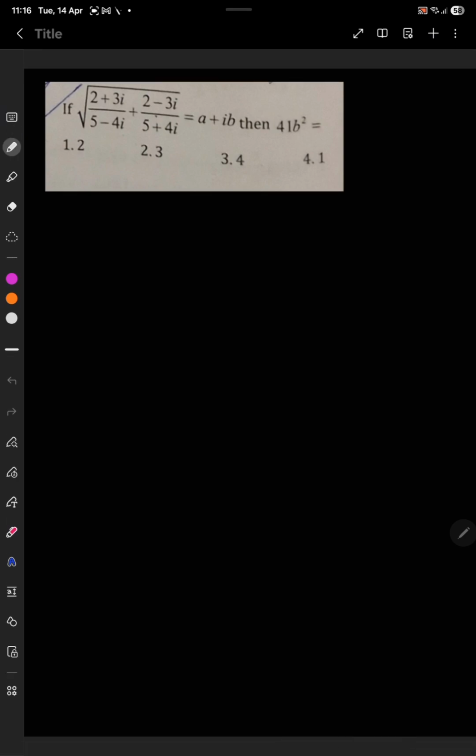And in this problem, if (2 plus 3i) by (5 minus 4i) plus (2 minus 3i) by (5 plus 4i) equal to a plus ib, then 41b square.